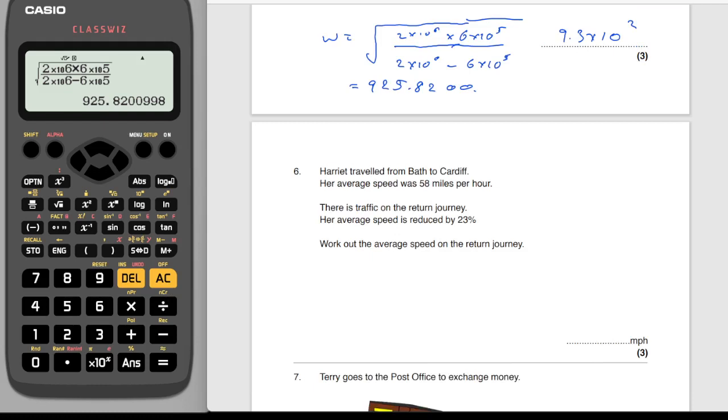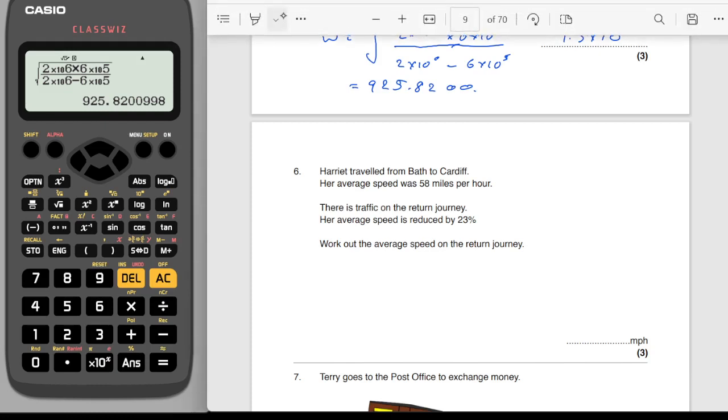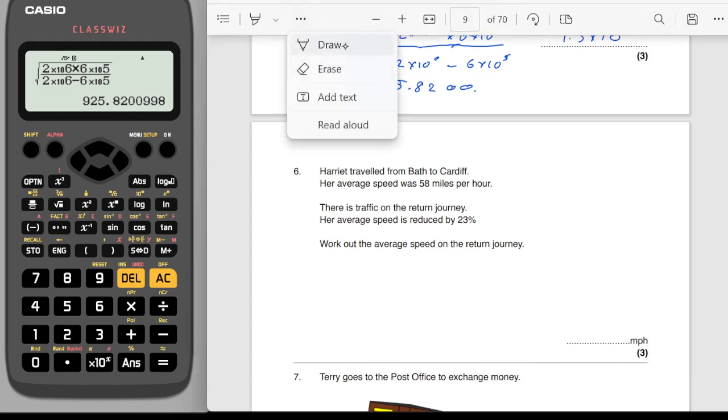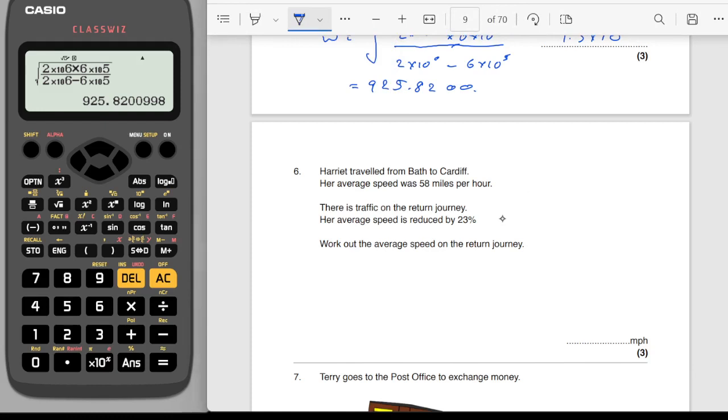Okay, question 6. Harriet travelled from B to C. Her average speed was 58 miles per hour. On the return journey, the traffic reduced her average speed by 23%. So a 23% reduction means in effect we've got a multiplier of 0.77.